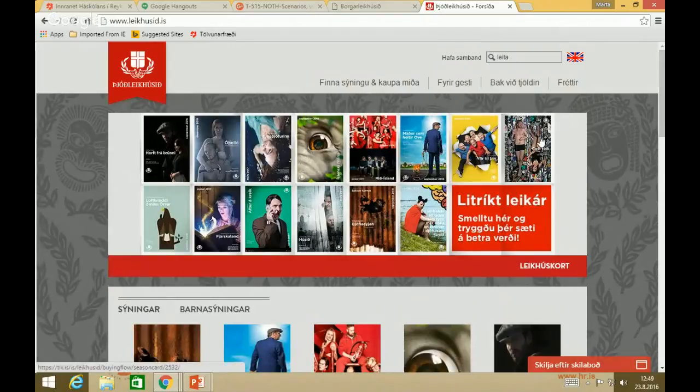So here they have an overview of all the shows. They don't have any musical running this year, I don't think. But then you can see something about it.